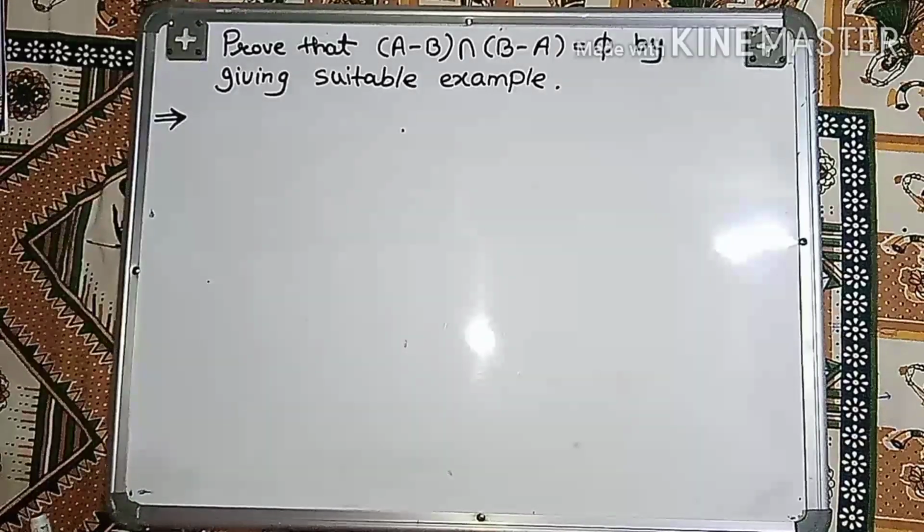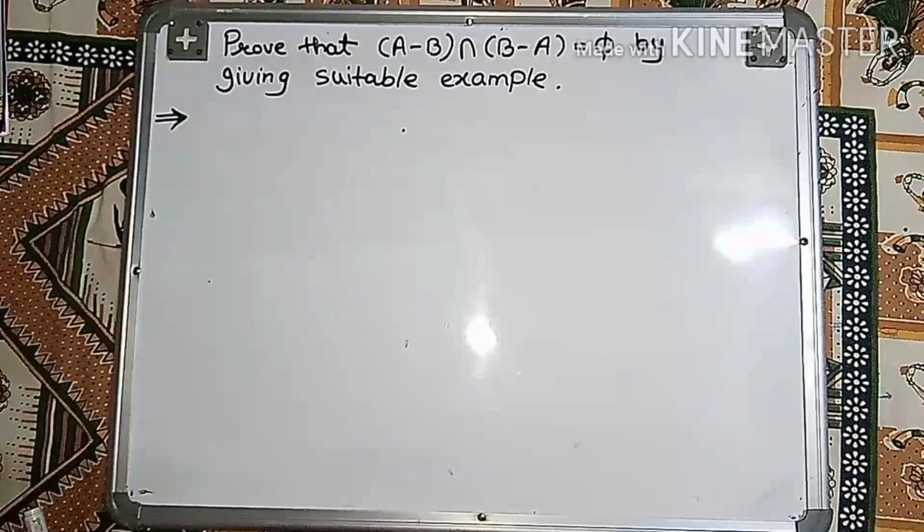Now we will take some examples. Prove that (A minus B) intersection (B minus A) is equal to the empty set by giving a suitable example. Now here what we have to do?